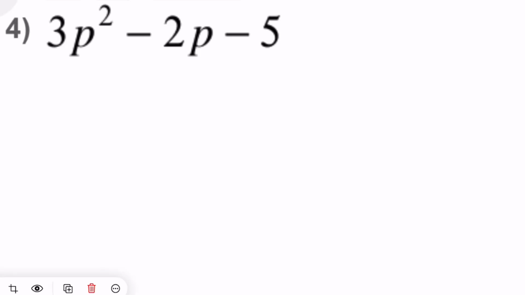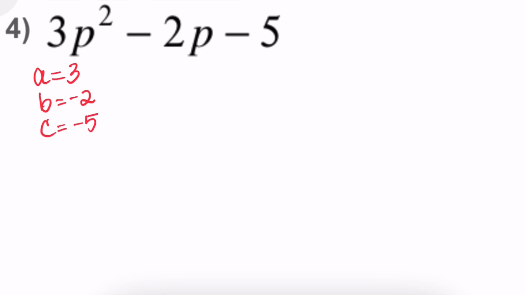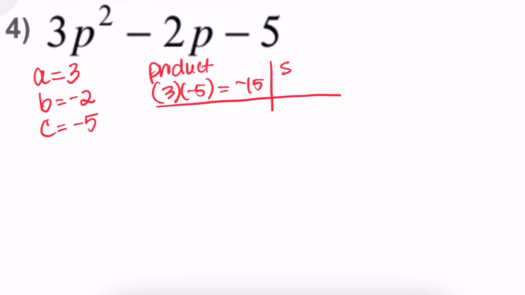For question 4, the value of a is 3, b is negative 2, c is negative 5. So your product is 3 times negative 5, which is negative 15. And the sum is b, which equals negative 2.